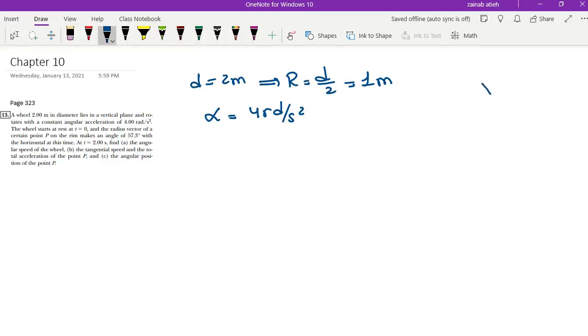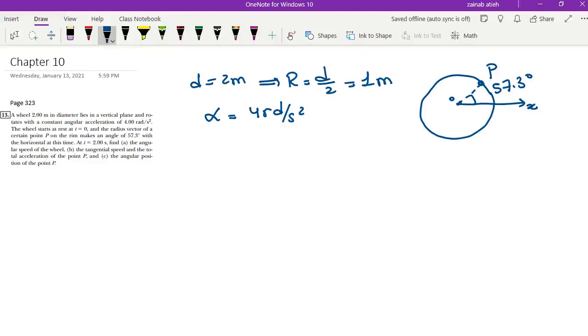Initially, when the wheel was about to start motion, there was a point P on its rim. This is the x-axis, and point P was making an angle of 57.3 degrees with the horizontal. At t equals 2 seconds, find the angular speed of the wheel.